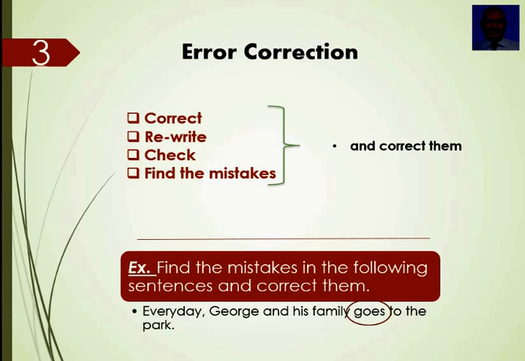It should be go, not goes, because we have two or more than one person here, George and his family. So it should be every day George and his family go to the park. What you do is, after you circle the mistake, you write it down under the sentence here. The whole sentence, not just a part of it. Every day George and his family go to the park. Okay? Let's move on.